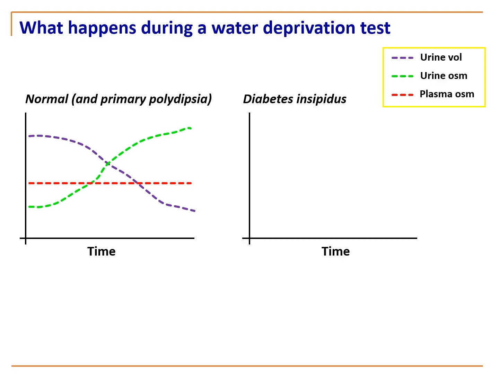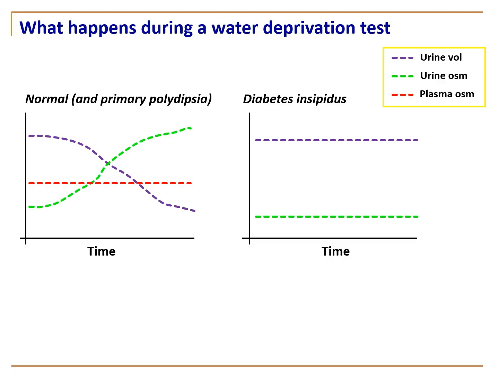In diabetes insipidus, when you deprive water, what happens? The urine volume stays fairly standard, okay? It stays high, but you might be depriving water, but the ADH either isn't functioning or isn't being released, so they continue to produce large volumes of urine.